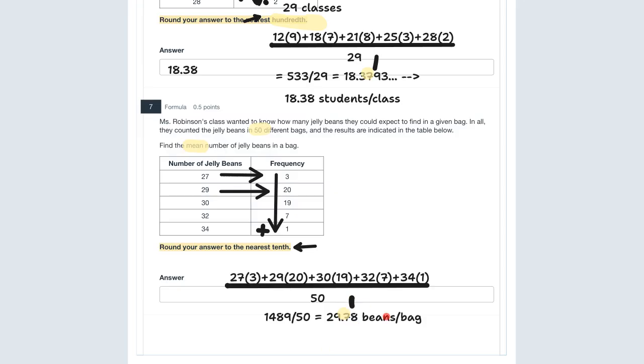I got to round up. So this is going to round to 29.8.